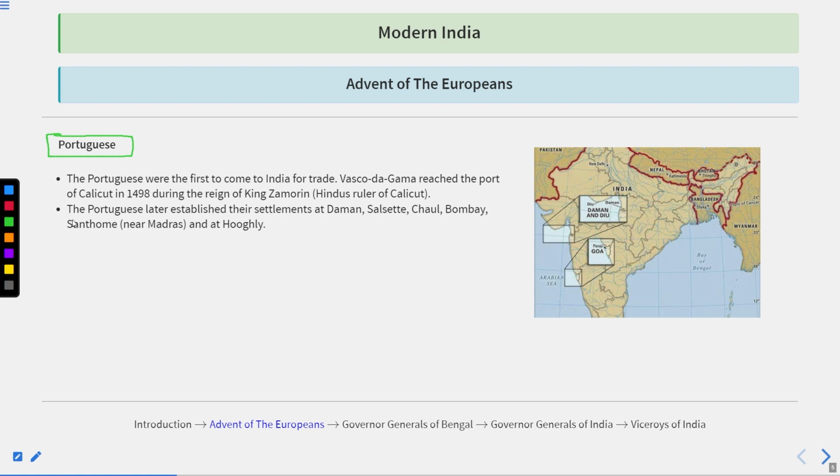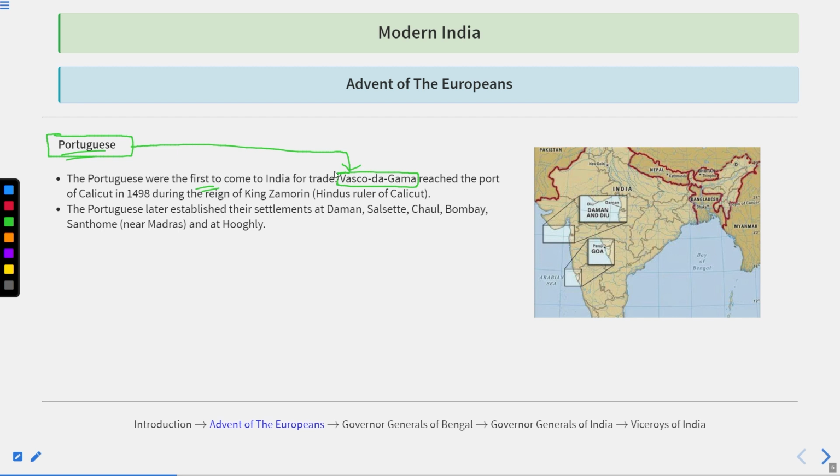They were the first to come to India for trade. And Vasco da Gama was the person who was in charge of the expedition to India by the Portuguese. He first reached Cape Town in South Africa.